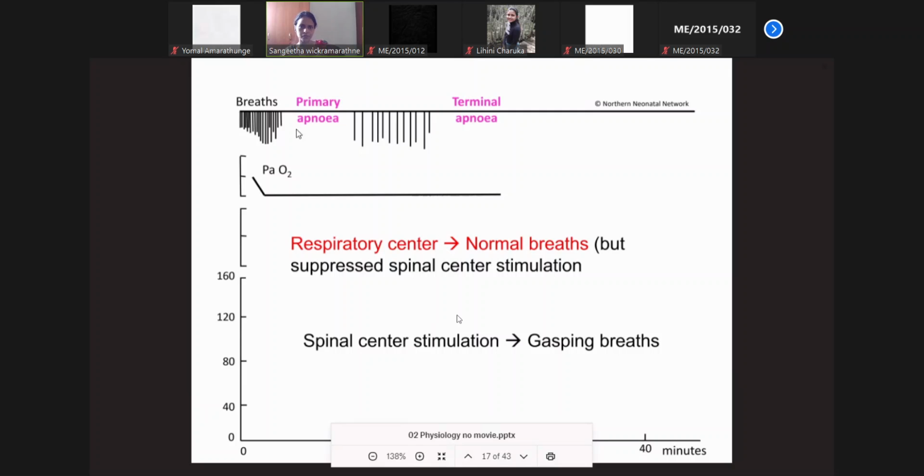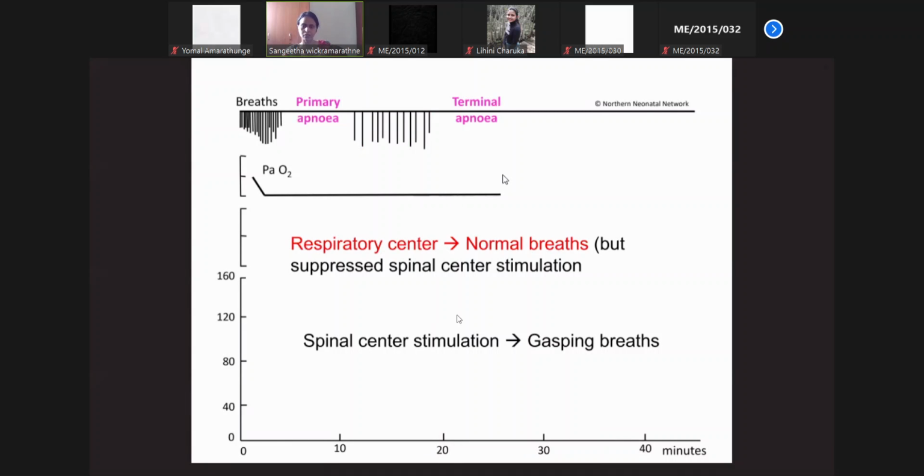There will be primary apnea, and now the gasping breath comes. Even if you don't allow the fetus to breathe at this point, they will go into terminal apnea, and with still no attempts at resuscitation, they will die here, right? That's the normal physiology behind what you have to do.